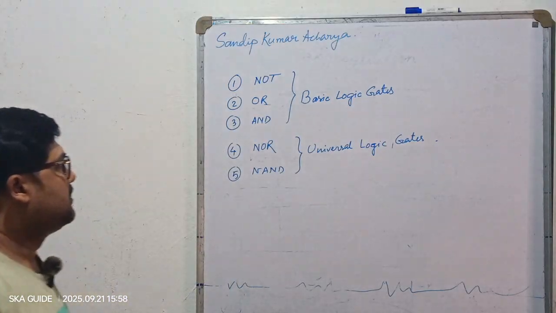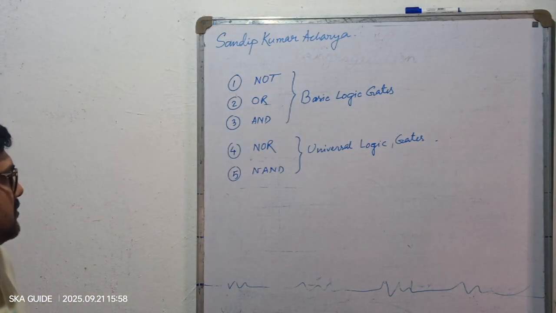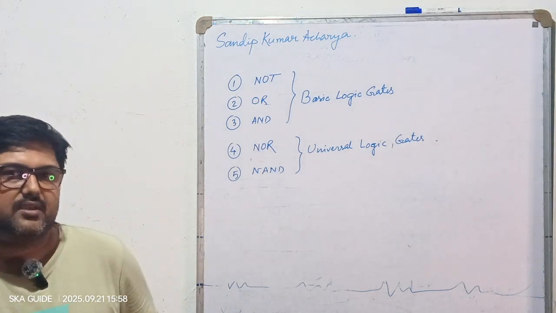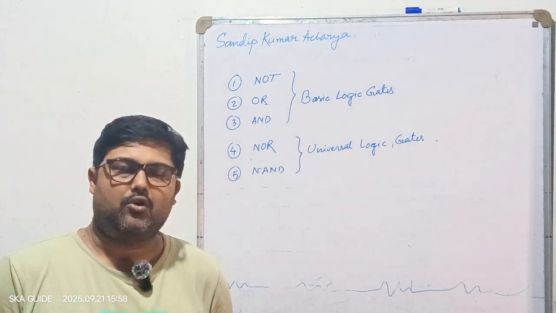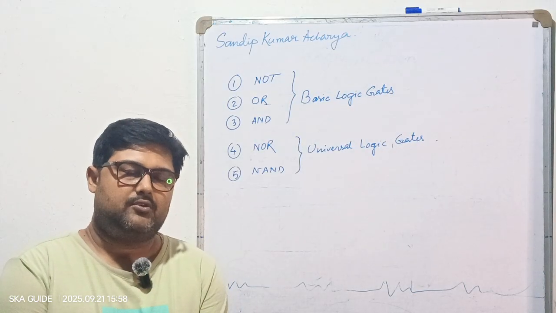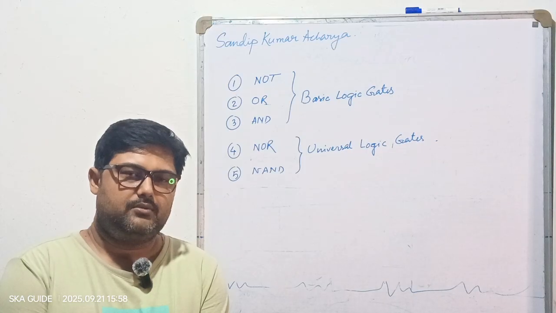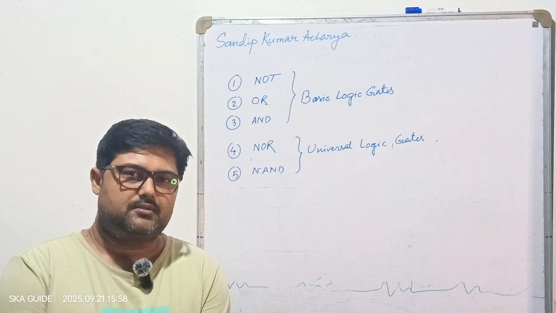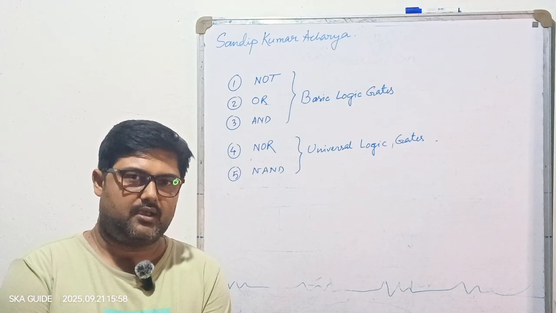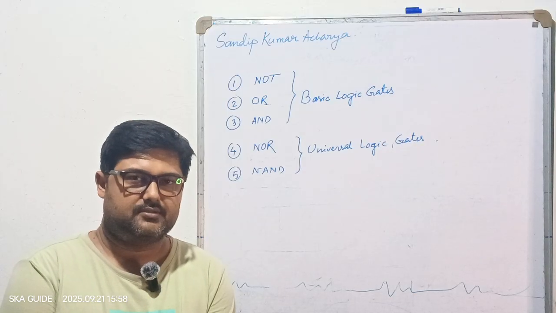So five gates are there. Three gates are the basic gates, NOT gate, OR gate and AND gate, and two gates are universal gates like NOR gate and, sorry, NOR gate and NAND gate.